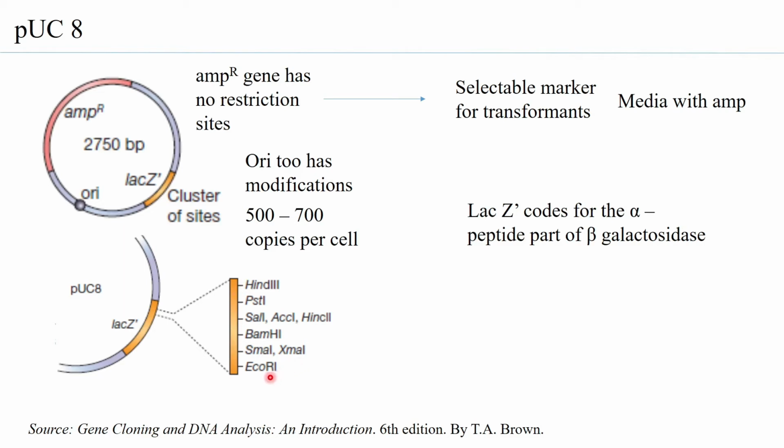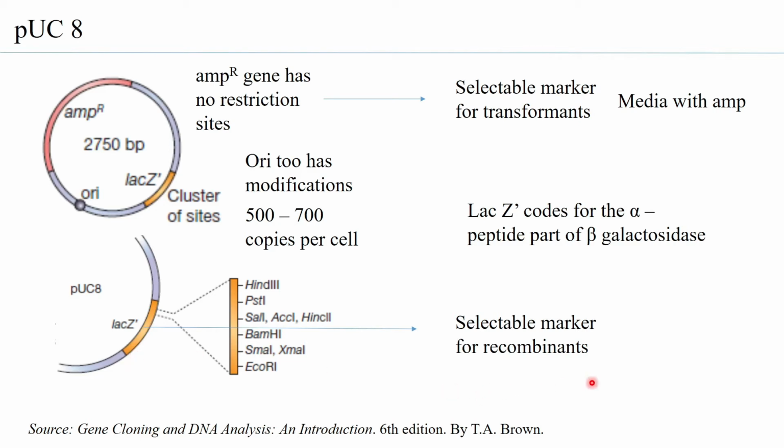Now, suppose you insert the gene of interest by using any of these restriction endonucleases, then the gene of interest will lie within the lacZ prime and disrupt the lacZ prime. And that leads to what is understood as insertional inactivation, and hence it can be used as a selectable marker.